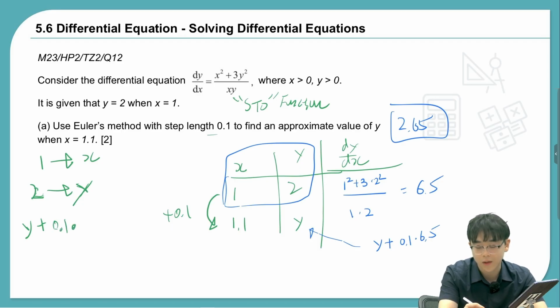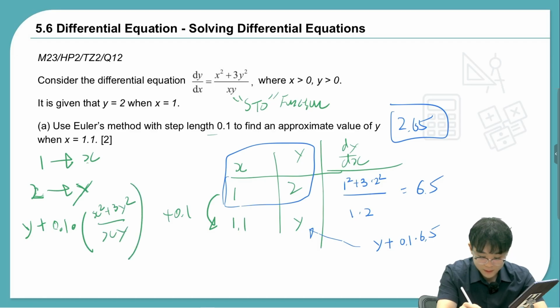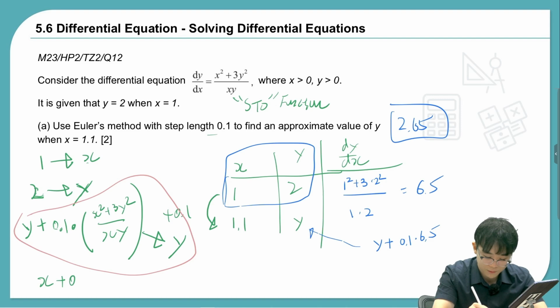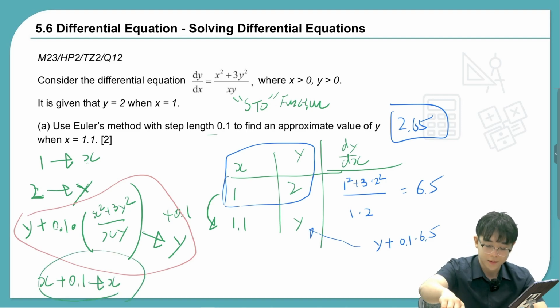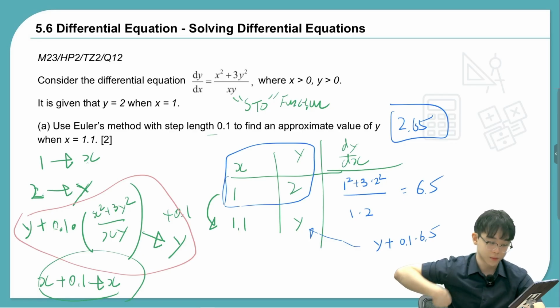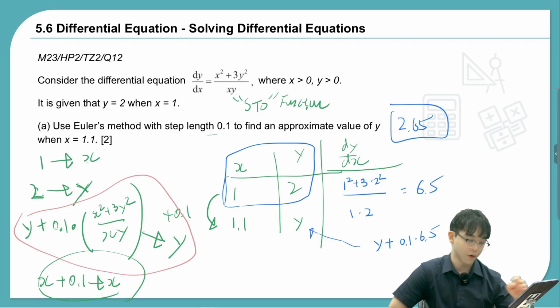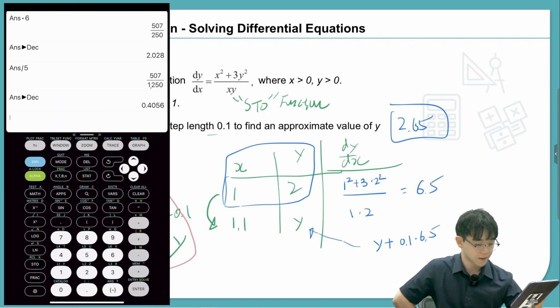The instantaneous slope with the current x and y value can be found by x squared plus 3y squared over xy. Now this is going to replace our y value, right? So we would update our y value, and we would also update our x value by simply adding 0.1 there. Then the calculations would be done automatically, and the advantage of this is you can use it over and over again for multiple steps.